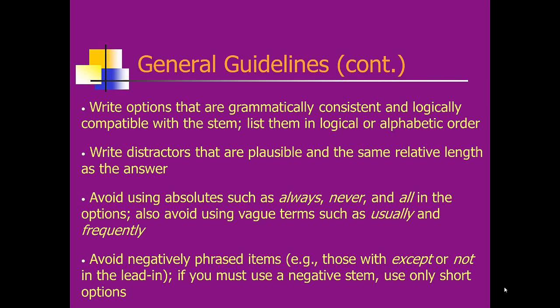One best answer, right? So, write distractors that are plausible and at the same relative length. What is there about long option answers that are attractive? They're attractive, aren't they? Oh, it's long, it must be the right answer. So you want to avoid the lengthy ones.